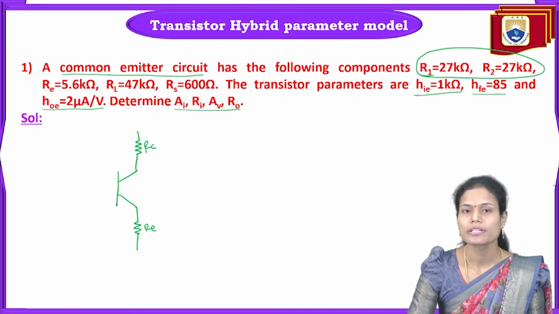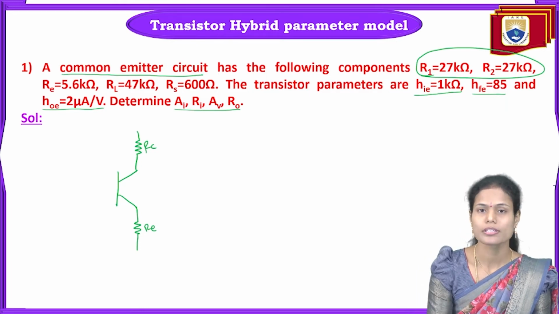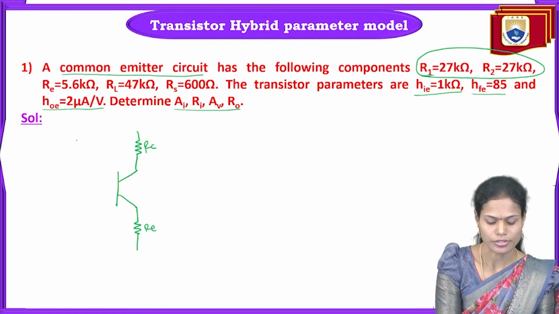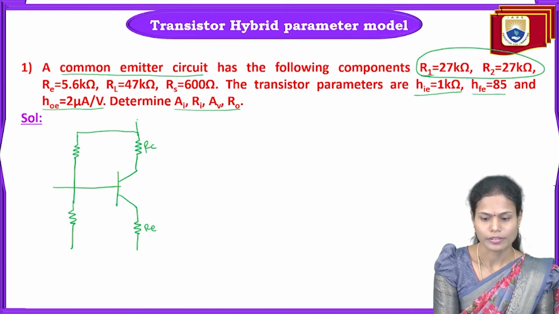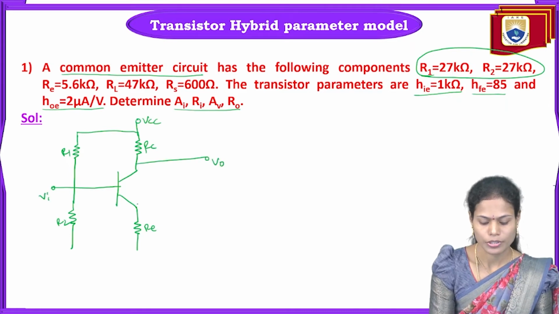So depending upon the given values, we have to understand which type of biasing it is. In this case, it is the voltage divider biasing circuit. This is VCC. We are providing R1, R2 here. Here we'll provide the input signal and here we'll measure the output signal.